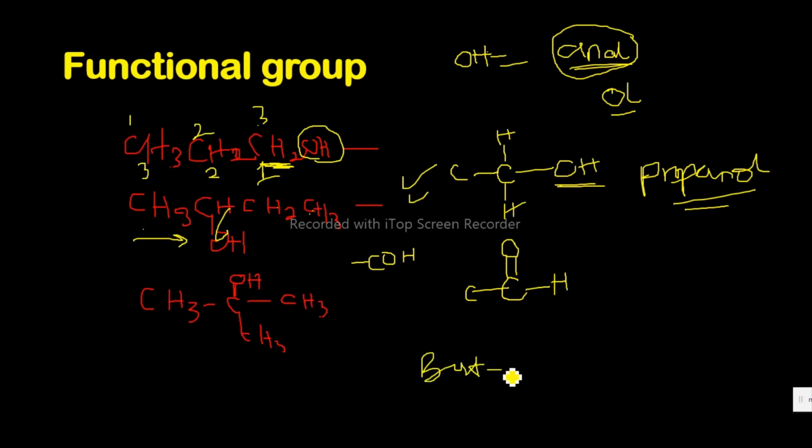Then you put a hyphen. Anyway, this is butanol. So you write butan, and then you put a hyphen, then the position of the functional group with another hyphen, and then you write ol, and this ol is the one that shows this OH. So this one therefore becomes butan-2-ol.